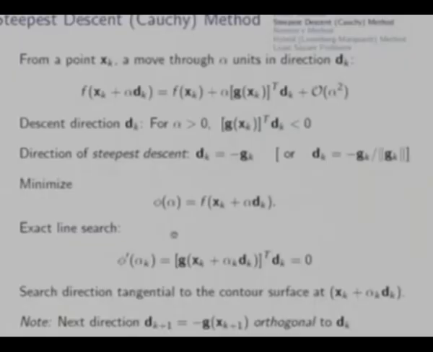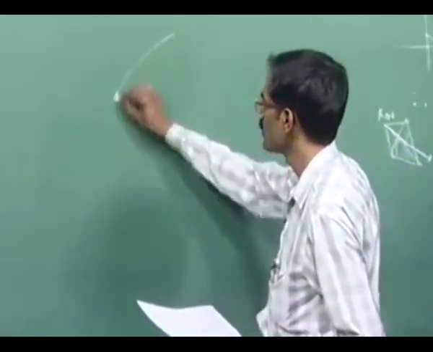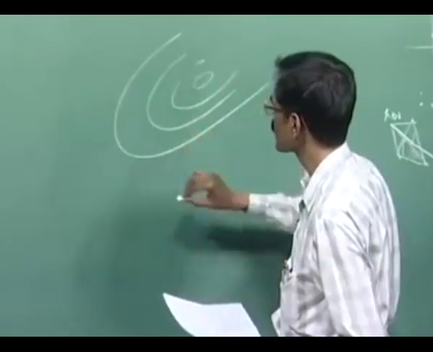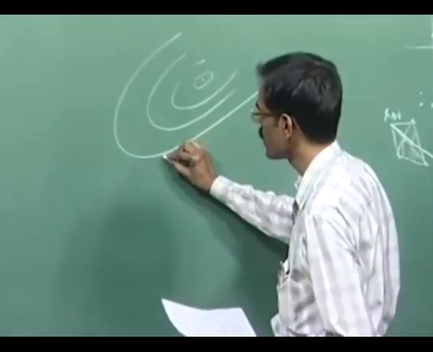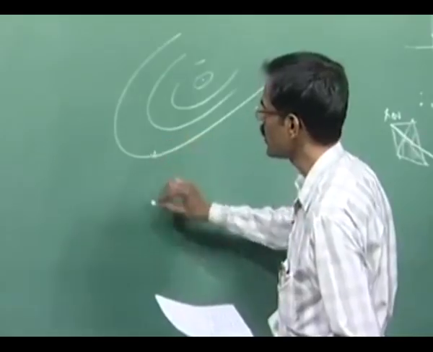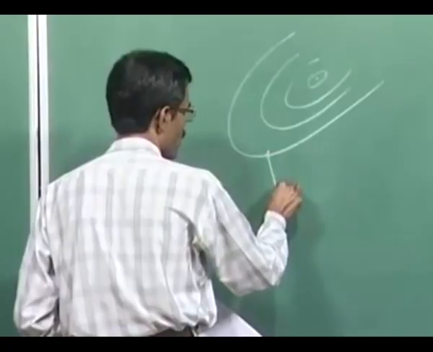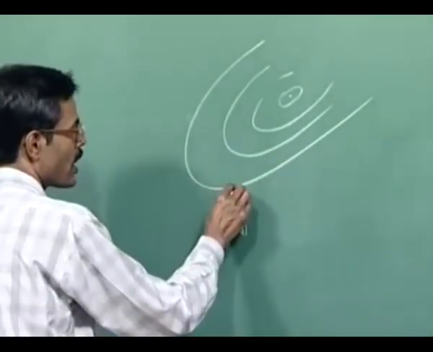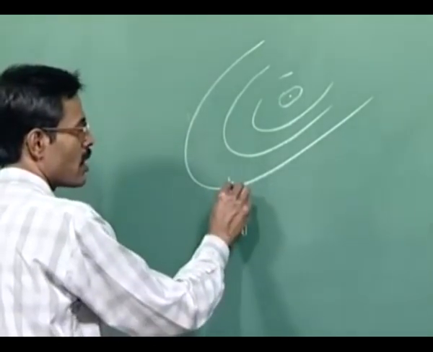What happens is that if the function contours are like this, here is the minimum point, and if we have started somewhere, say at this point, then at this point the gradient is this way, orthogonal to the contour, and the negative gradient is this direction, and the steepest descent direction is this.